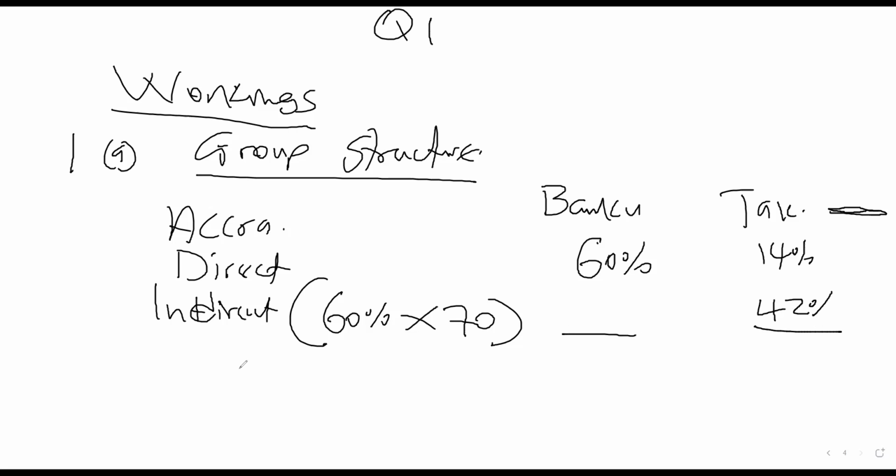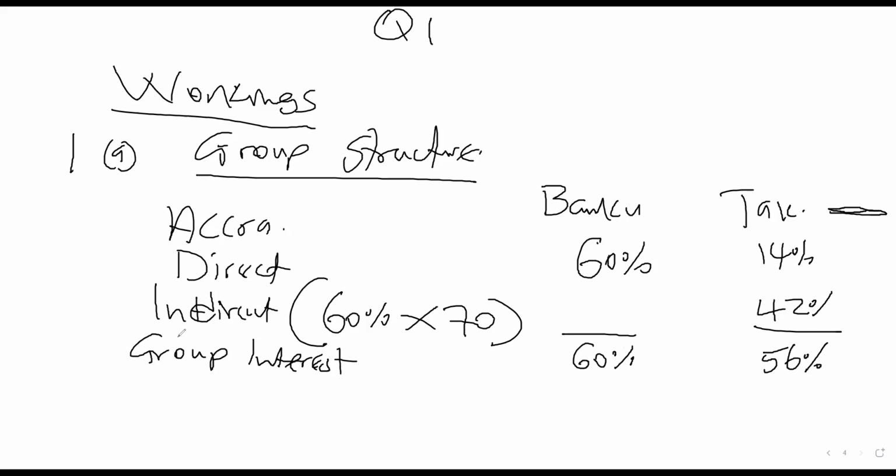Put everything together. Group holding. You can decide to call it group interest. Put all of them together. You get 60, you get 56. That's all.